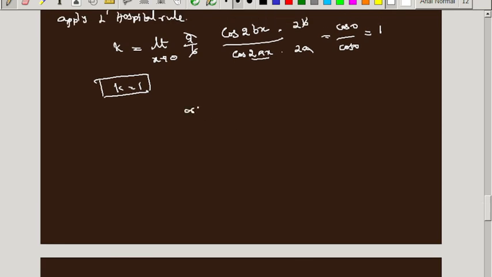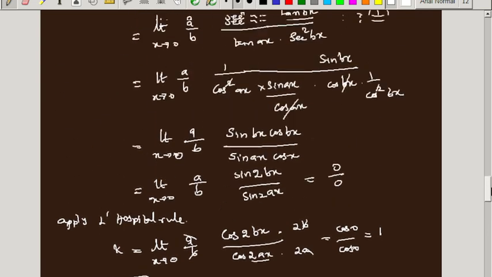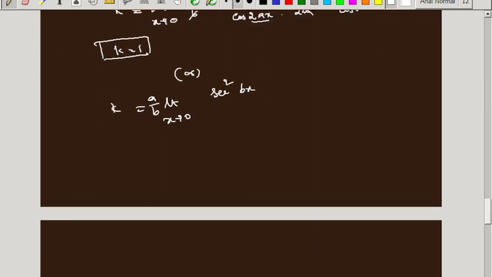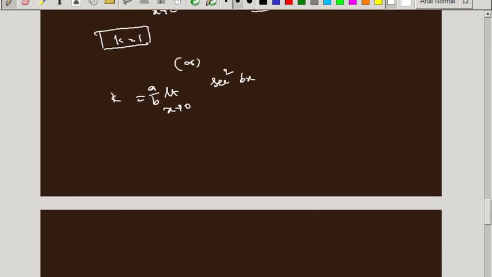Say k equals limit x tends to 0, a by b, secant square ax into tan bx, dividing by secant square bx into tan ax.